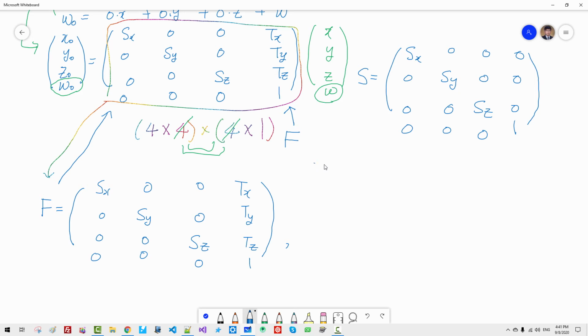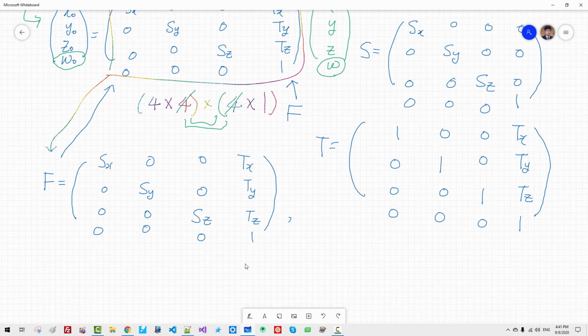And the matrix T like this: 1 0 0 Tx; 0 1 0 Ty; 0 0 1 Tz; 0 0 0 1. Now I scroll up.